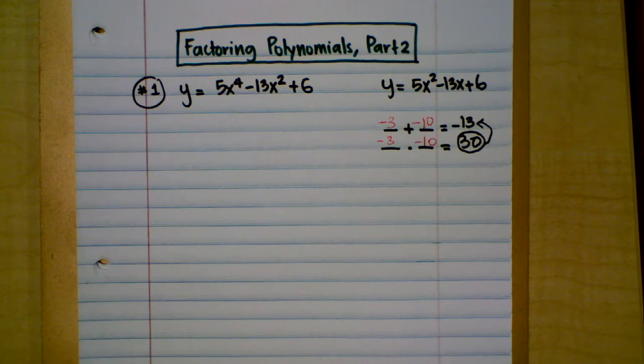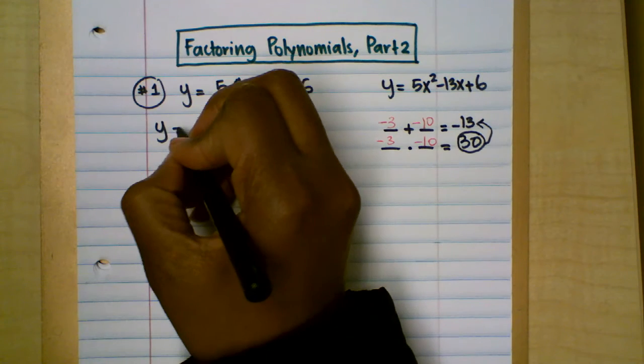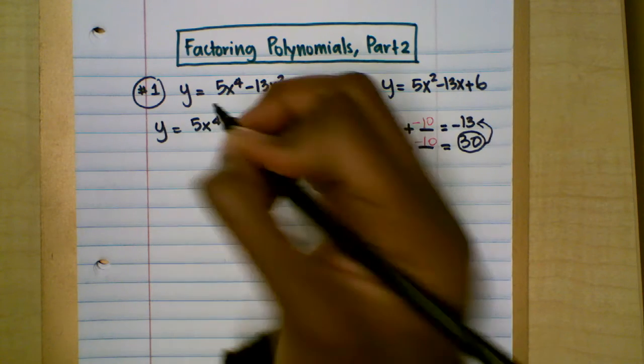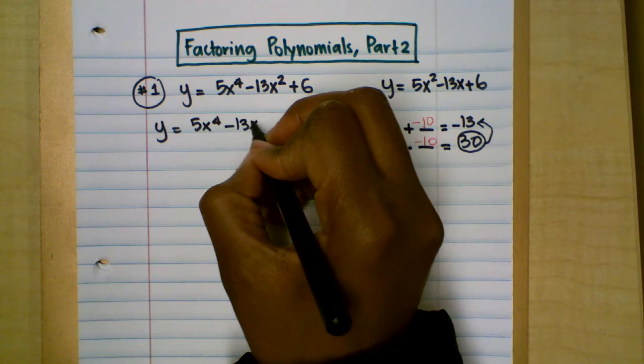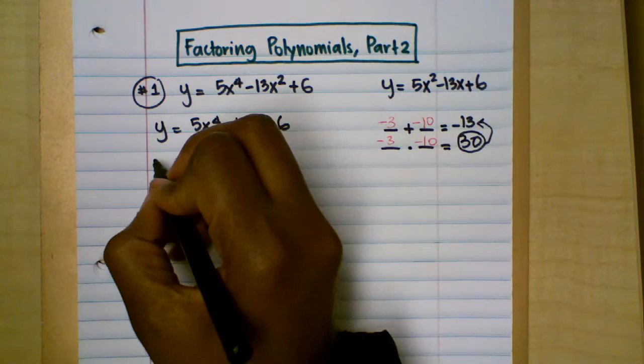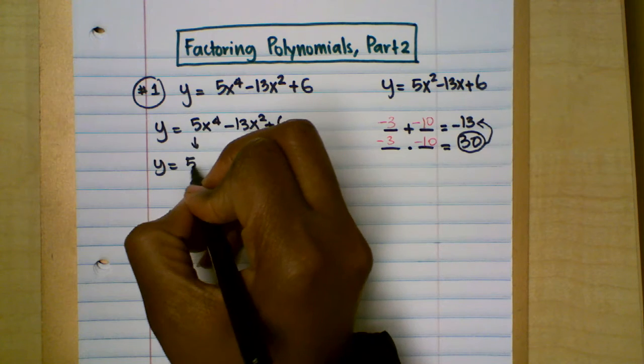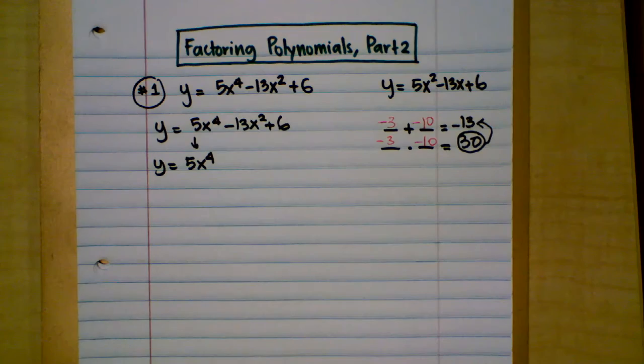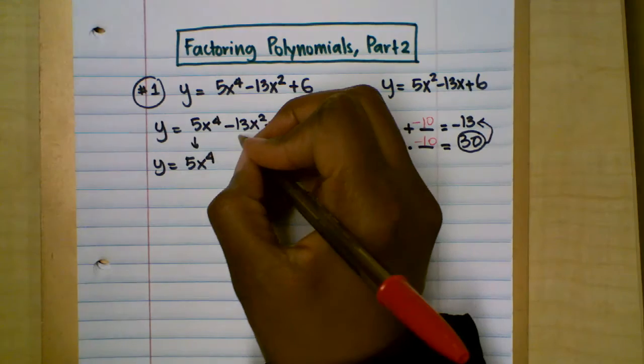So what do we do then? Let me rewrite the original polynomial. Then you're going to replace the middle term with the two newfound numbers.